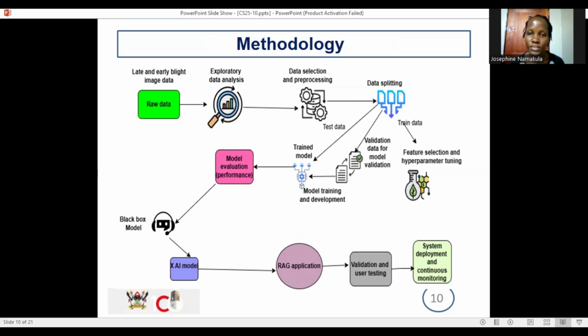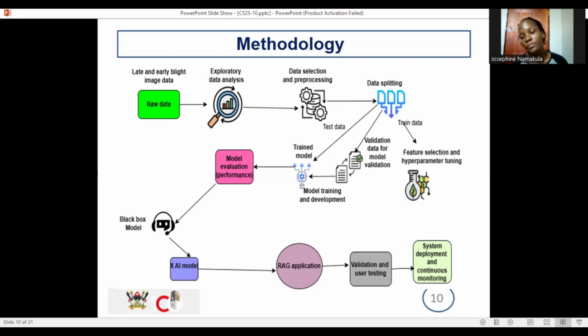We split the data into test data, validation data, and training data. We evaluated the models. We carried out explainable AI on those models because we didn't know what they were actually doing. Then we combined the model and the RAG application into one. That's called multimodal, and we also carried out validation and user testing.